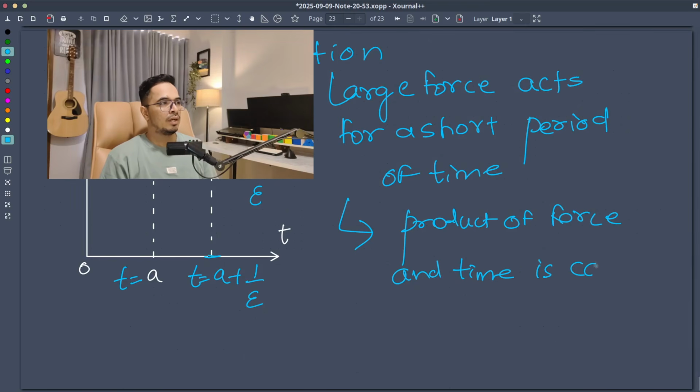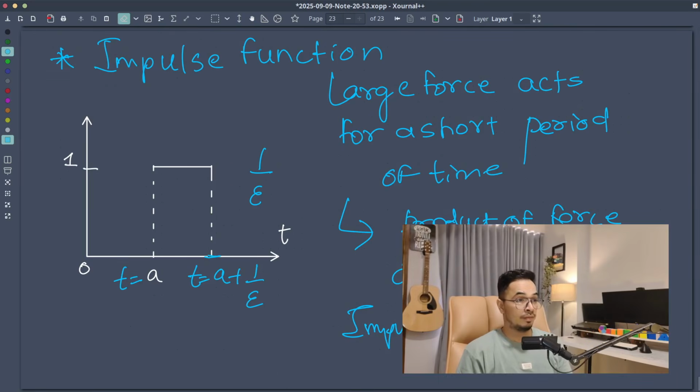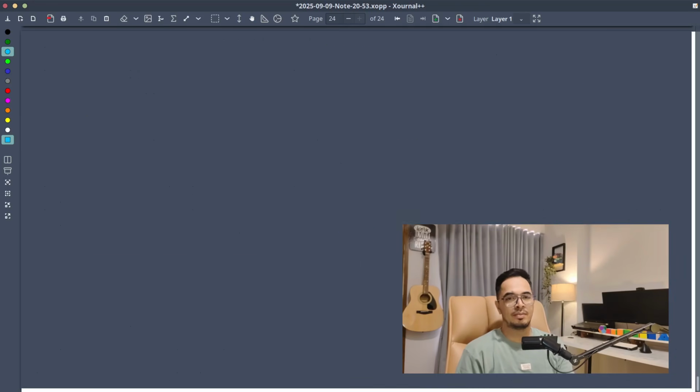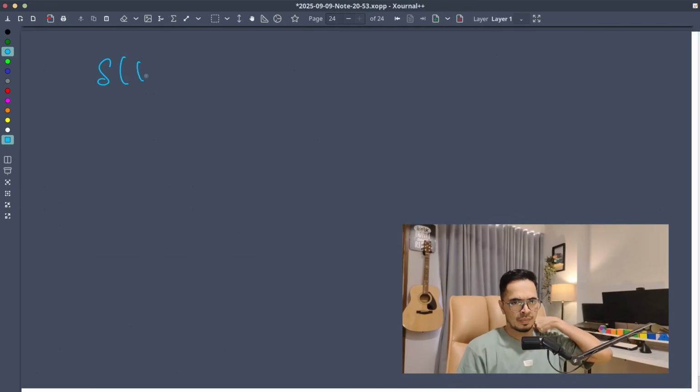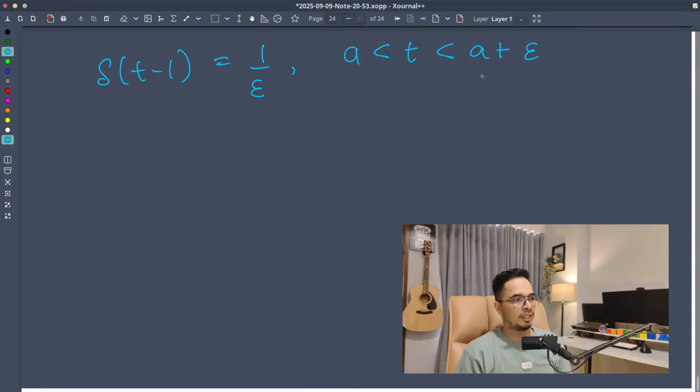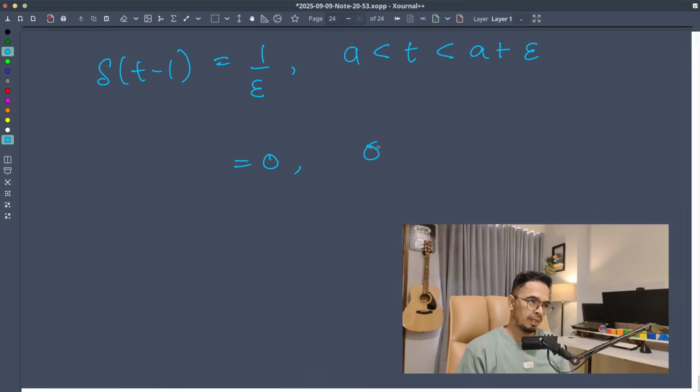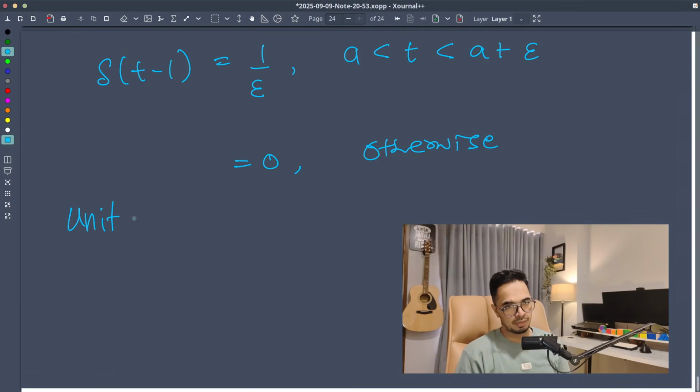All right. So how do we write that? We write it as a simple delta(t minus a) is equal to 1 upon epsilon, in what scenario? When the variable lies in between a and a plus epsilon. Elsewhere, it is 0. So that is the idea. If we talk about a unit impulse function, it would be delta(t minus a). The value is infinity for t equal to a, and 0 for t not equal to a.